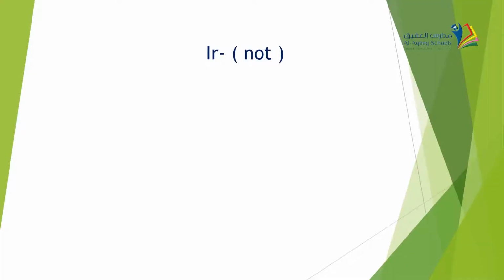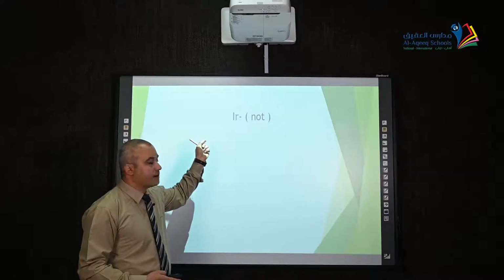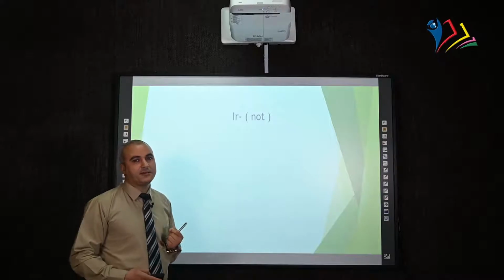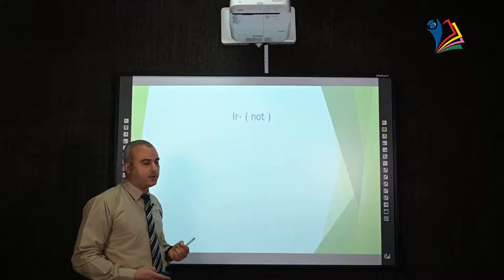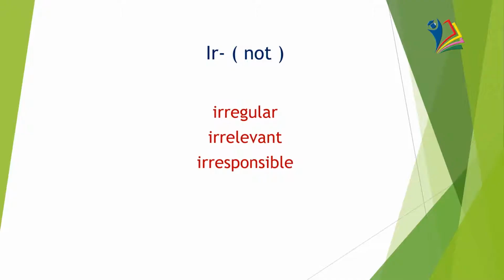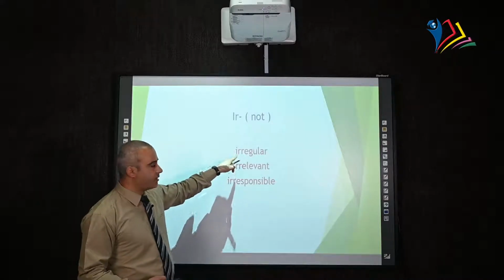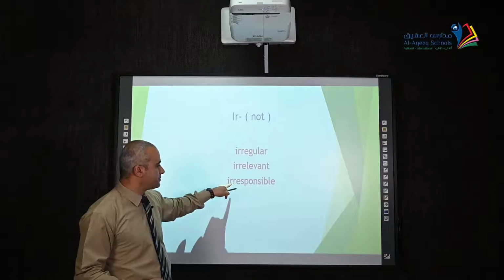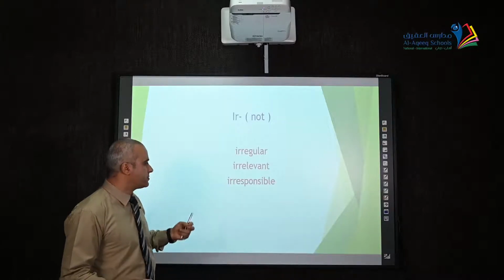Ir: most often we use the prefix ir with a word root that begins with the letter R: irregular, irrelevant, irresponsible. Regular, relevant and responsible. These word roots begin with the letter R.